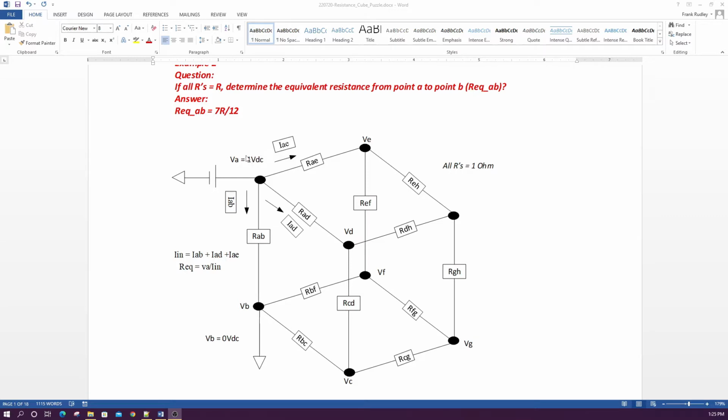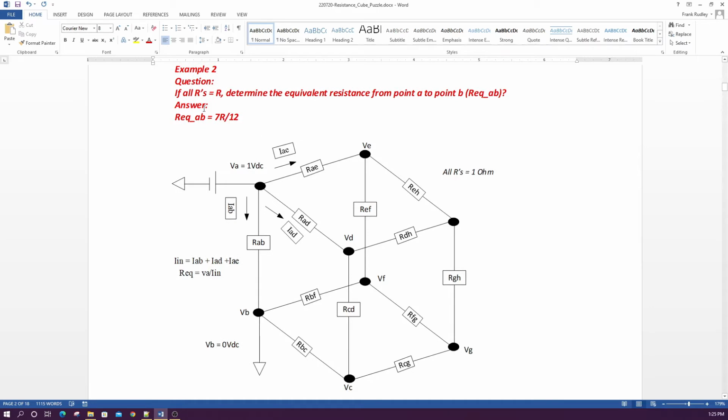So anyway, I went through the math and also did some measurements on a real device. For example 2, if all R's are equal to R, determine the equivalent resistance from point A to point B. So what's the equivalent resistance from point A to B?